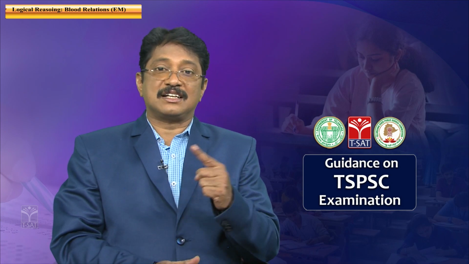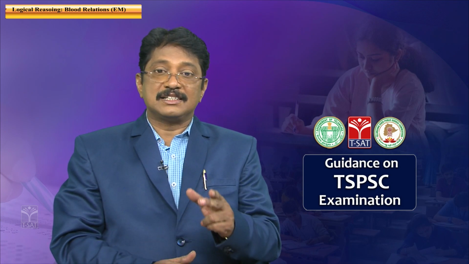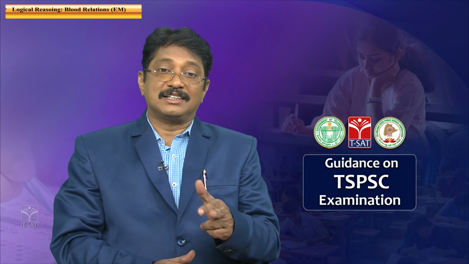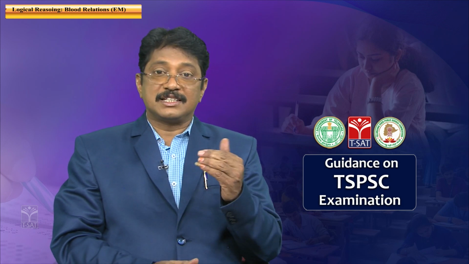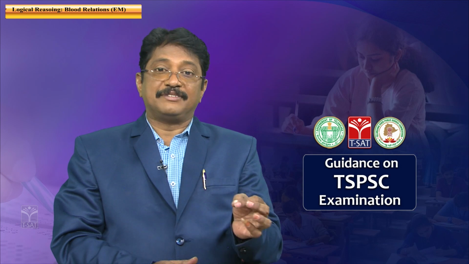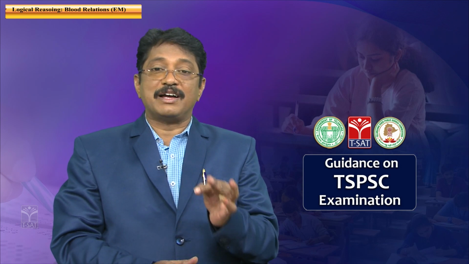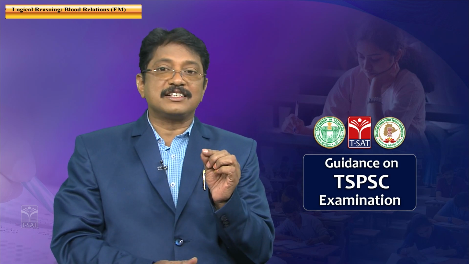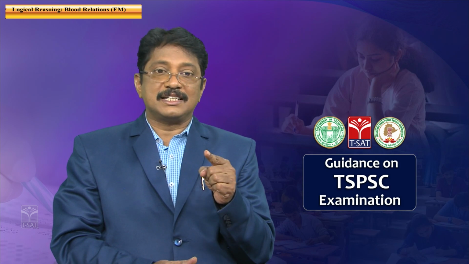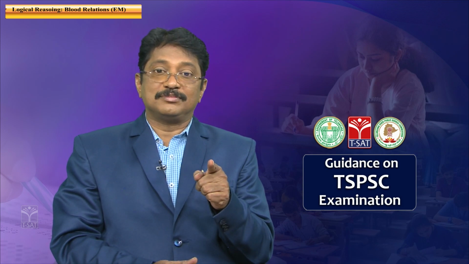C is the sister of F and C is the daughter of A, correct? Since there is only one mother, it is evident that E is the wife of A. This is a logical point, because it was already said there is only one mother.